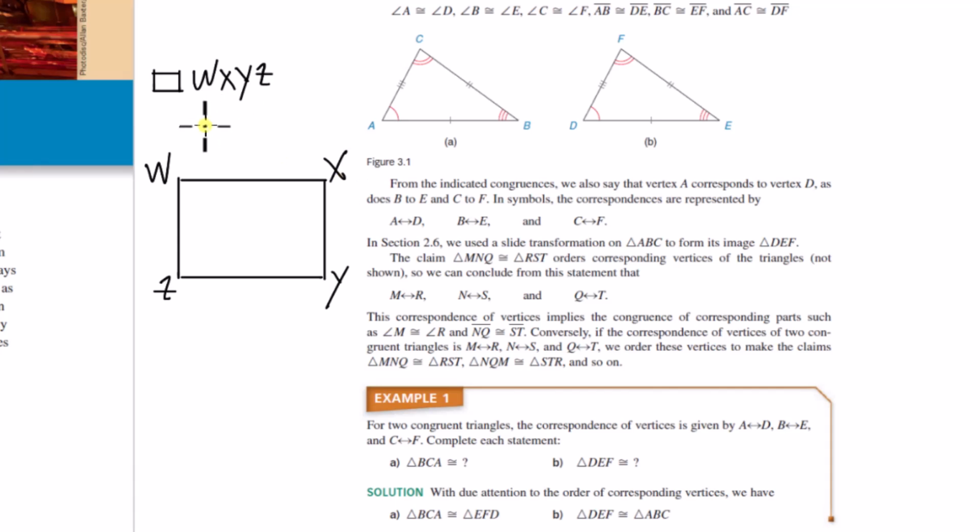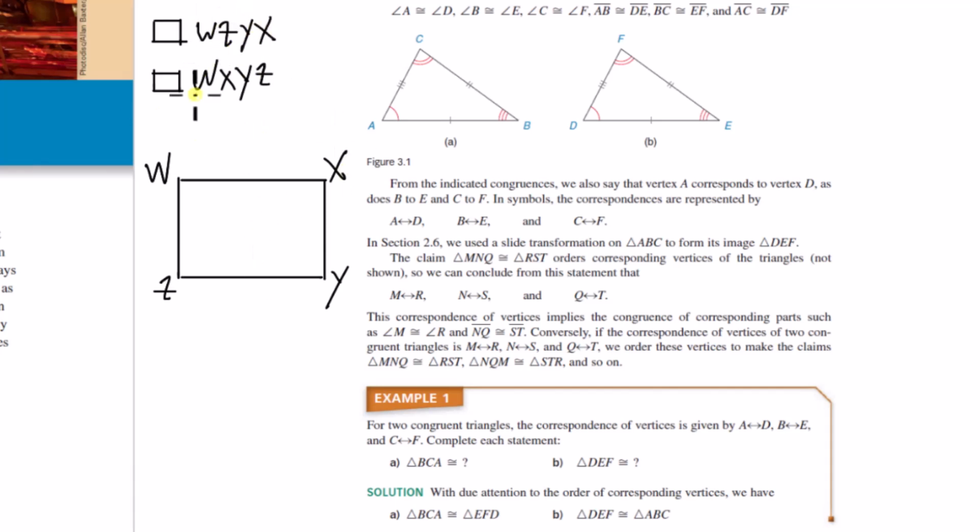Because what's most important is that you're showing what the sides are, like side WX, side XY, side YZ, side WZ. But as far as which vertex you start with or the order you walk around, it doesn't matter. So we could name this rectangle WZYX, and that would be acceptable.